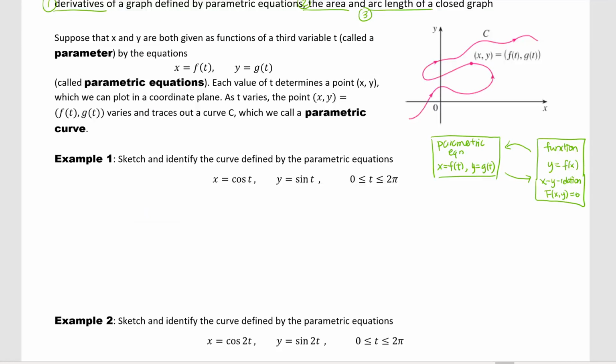We know sine over cosine is tangent, and there is a trig identity involving them: cosine squared plus sine squared equals 1. So we plug in cosine is x, sine is y. Well, x squared plus y squared is 1. What is this? This is a circle centered at the origin with radius 1, so this is a unit circle.